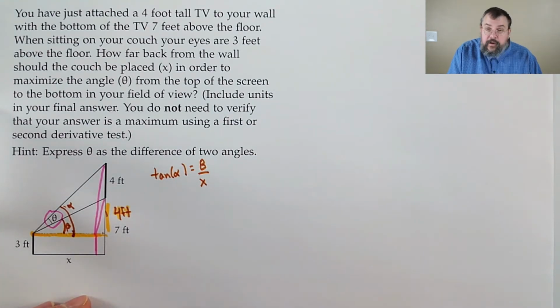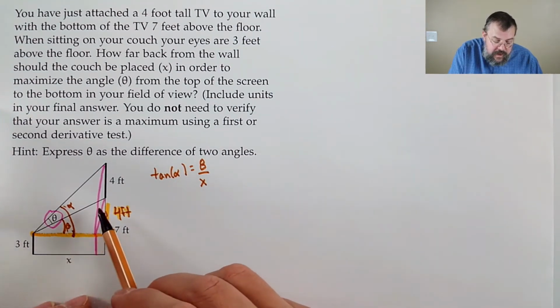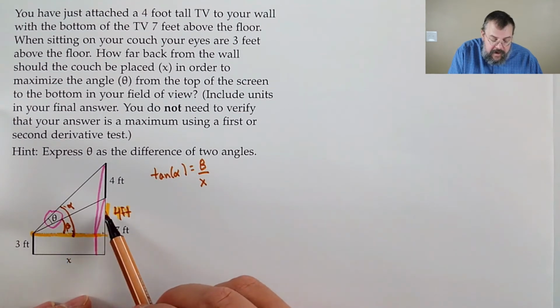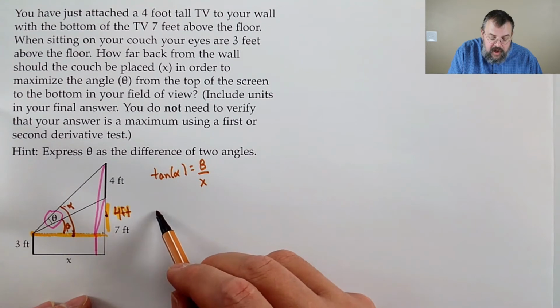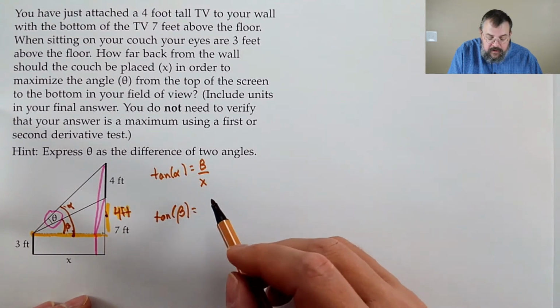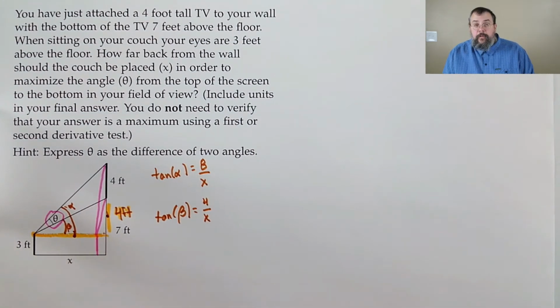Okay, well, good. Now, for the smaller angle, beta, again I have the angle. I know the opposite side is 4, adjacent side is x. So tangent of beta would be equal to 4 over x. Now, we don't want tangent of alpha and tangent of beta. We want alpha and beta. So how do we get rid of the tangent?